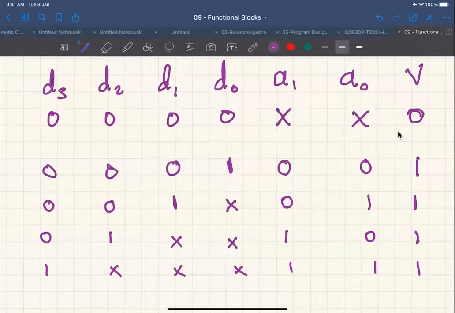Okay. Who can tell me what is the Boolean function for the valid bit V? Even without a K-map, you can immediately figure it out.